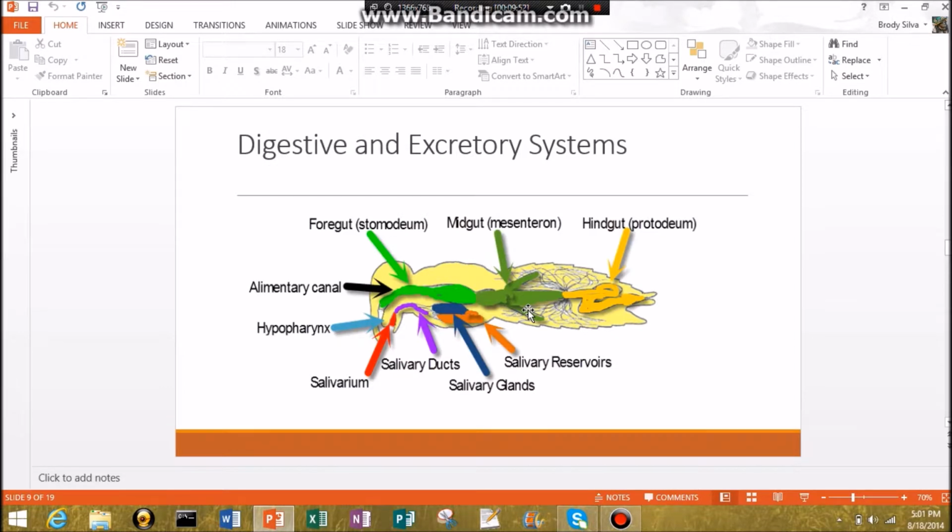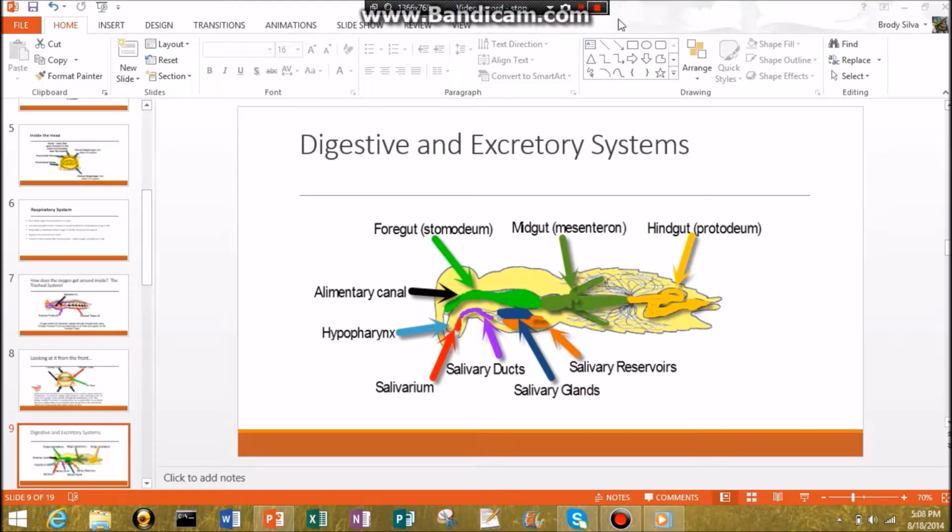So here we have the digestive and excretory systems, which are very much connected. There are three main parts to the digestive system. When food is being eaten, it goes into the mouth area, where it's chewed by the mouth parts.